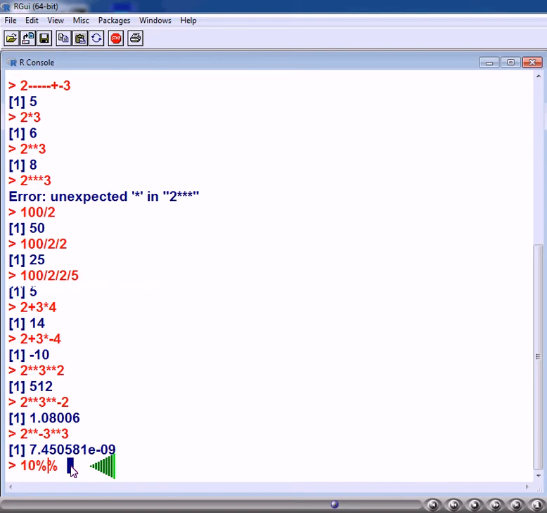R also supports another operator known as the integer division operator. For example, 10 %/% 3, we are going to get the result as 3. That is, 10 is divisible by 3 three times. Rather, I say it is more like an integer division operation.